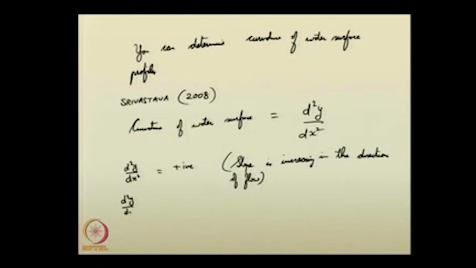If d squared y by dx squared is a negative value, you are having a decrease in water surface slope in the direction of flow.